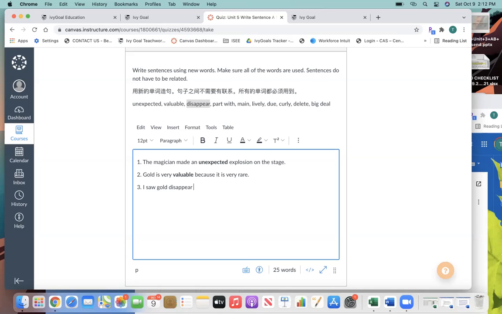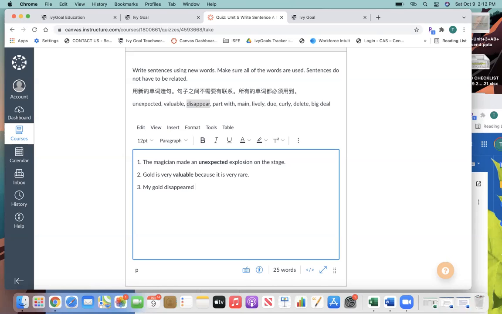I saw gold disappear. How might gold disappear? What might happen to it to make it disappear? It might be hidden under a secret drawer. I saw gold disappear, or maybe my gold disappeared, right?